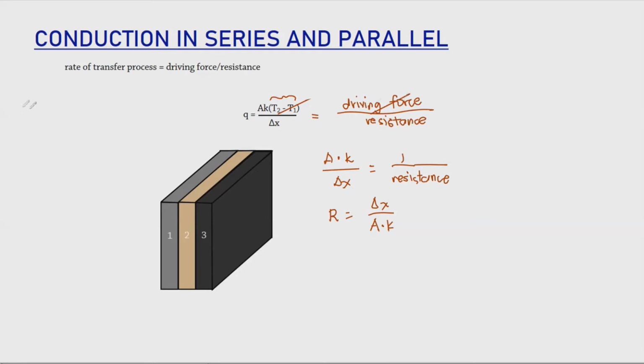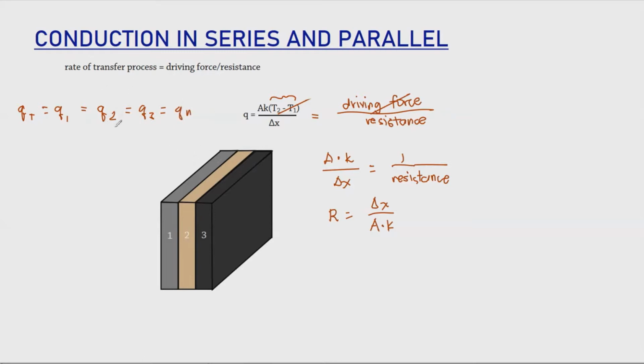So what is evident in any conduction in series is that the total heat generated is equal to the heat that will be experienced by one slab, which is also equal to the heat that will be experienced by the second slab, then the third, and of course any additional slab that you have.